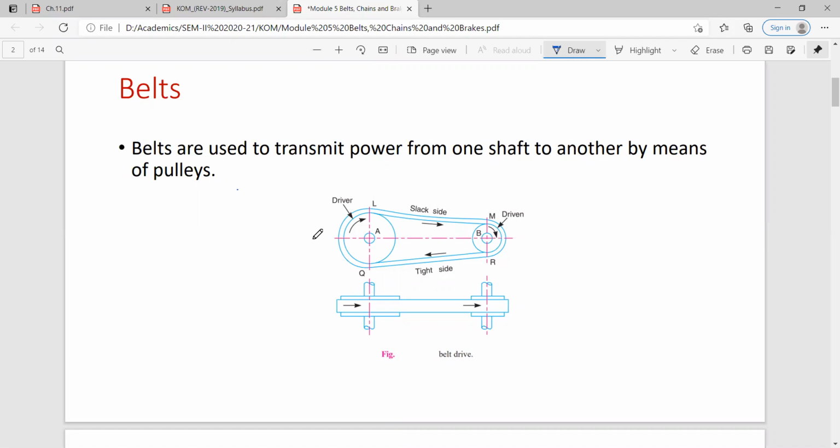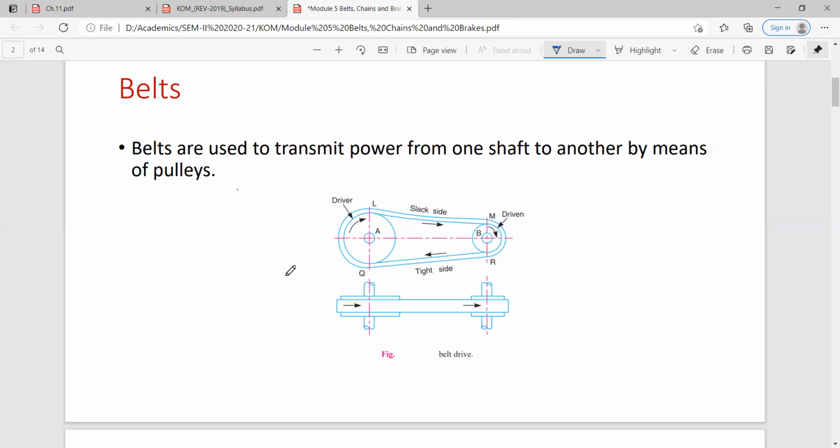Gears mesh with each other with the help of teeth present over them, and by meshing of these teeth, there is no chance of one gear slipping over the other. As in the case of belts, it may happen that the belt can slip over the pulley. That's why, because of the presence of slip, these are known as negative drives.